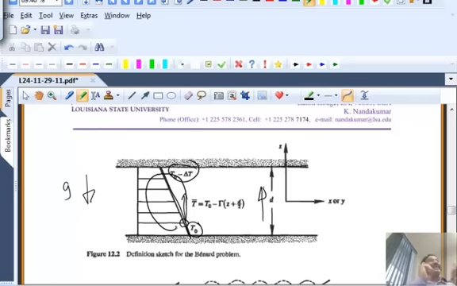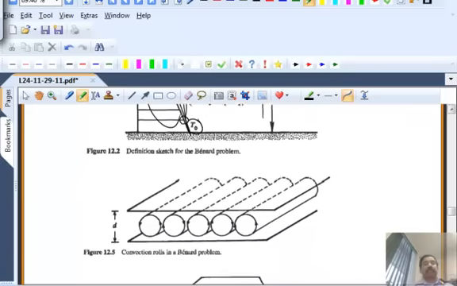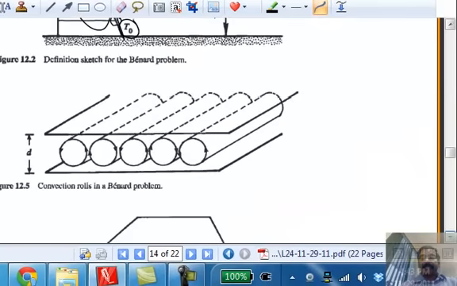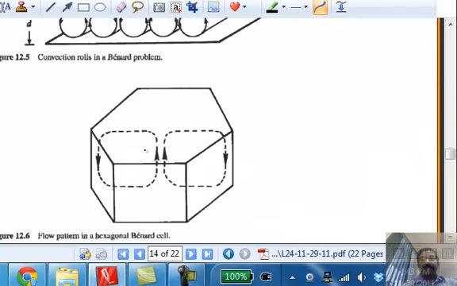That happens only when you exceed a certain critical heating rate, and you will find cells like these. These are called roll cells, but in this case there are also other complicated cell patterns that can form, called hexagonal cells. Okay, and that is the Rayleigh-Bénard problem in heat transfer, which is caused by buoyancy-driven instability.